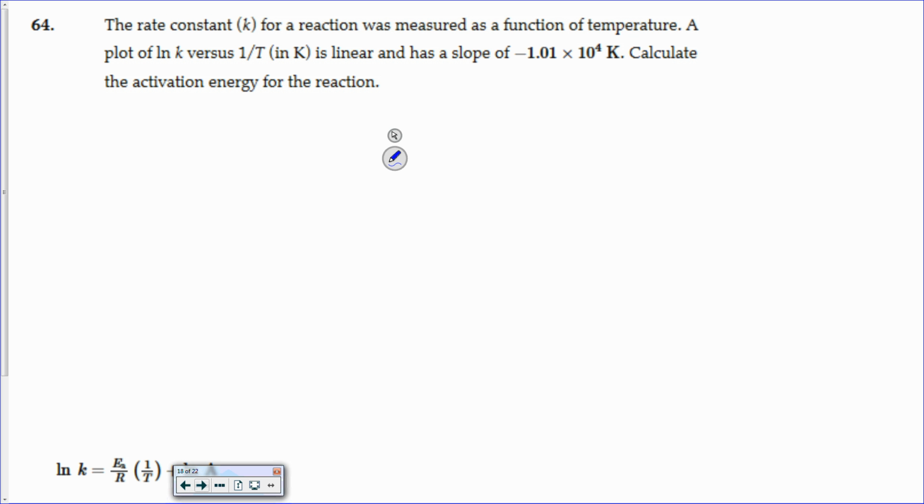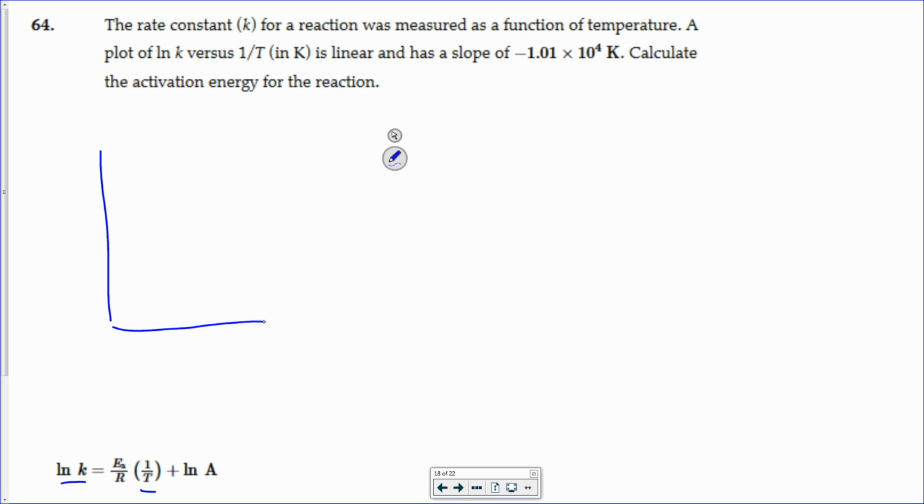All right, 64 says the rate constant for a reaction is measured as a function of temperature. A plot of the natural log of K versus the inverse of the temperature has a slope, and what is the activation energy for this reaction? Okay, so down here at the bottom, we've got our equation. This is the Arrhenius equation. It's the natural log of K versus 1 over temperature, and it tells us the slope of this reaction that's plotted.